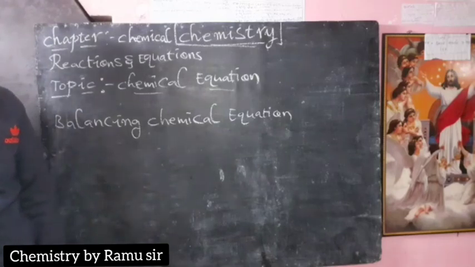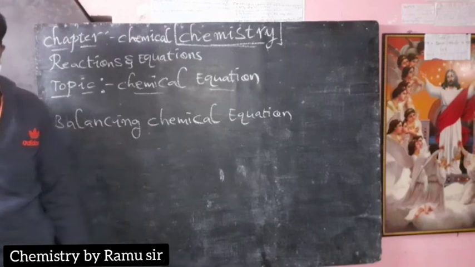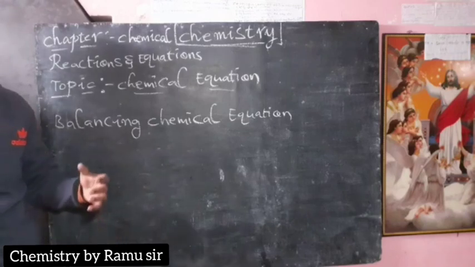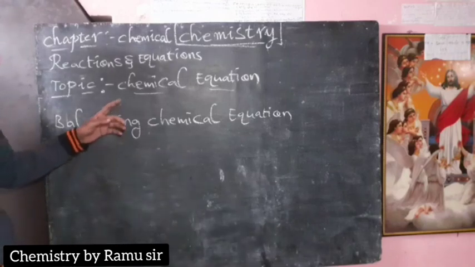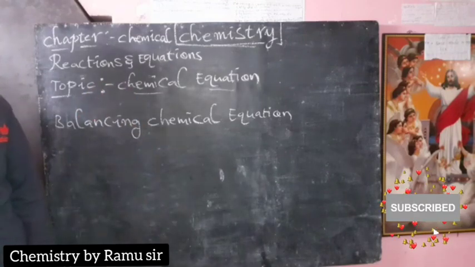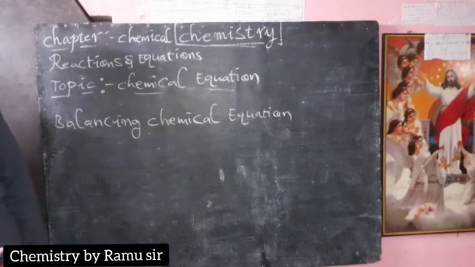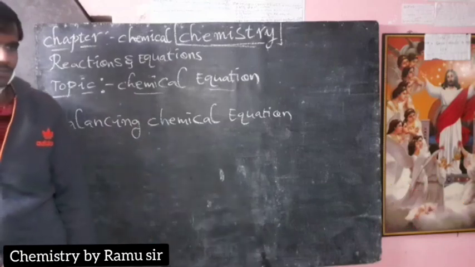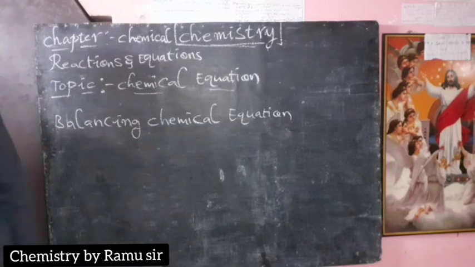Today we are going to learn a new subtopic, that is chemical equation. After that, we are going to learn about balancing chemical equations. So what is a chemical equation?